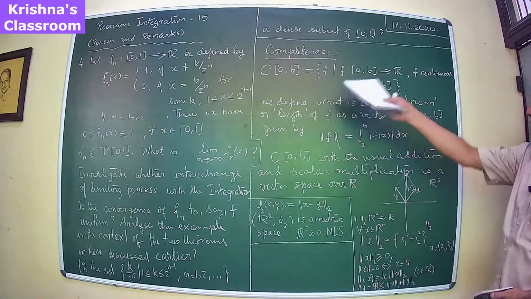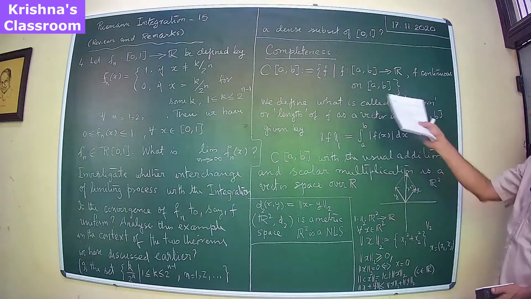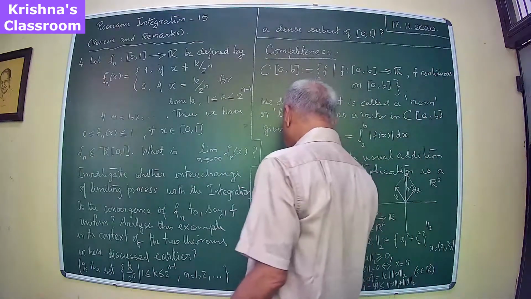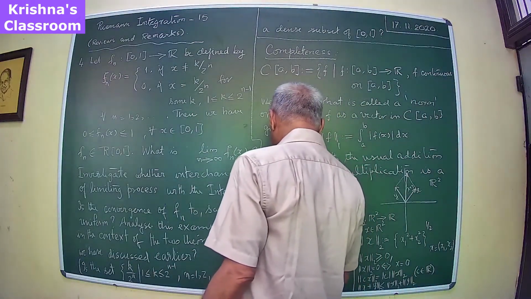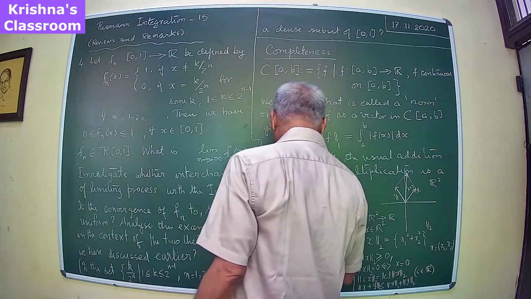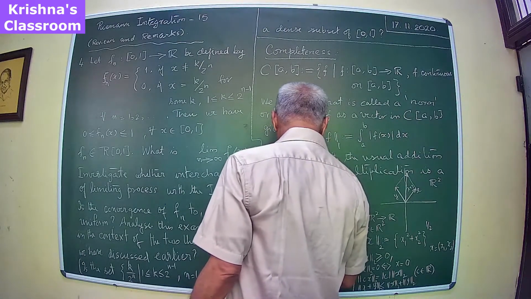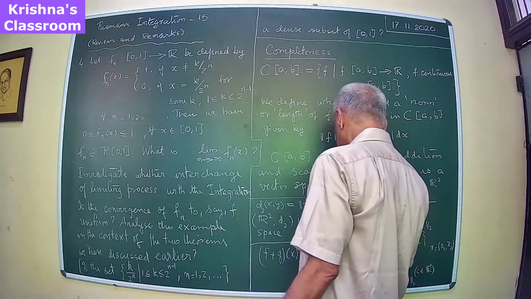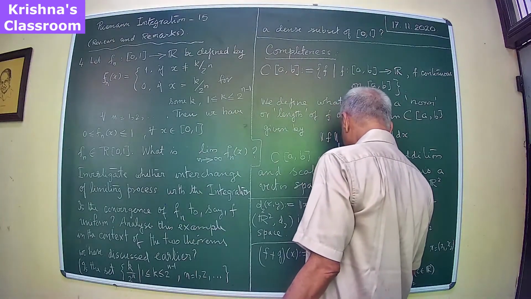Now you see that C[a,b] is a vector space with the usual addition and scalar multiplication. What is addition? f plus g at x is defined by (f plus g)(x) equal to f(x) plus g(x).